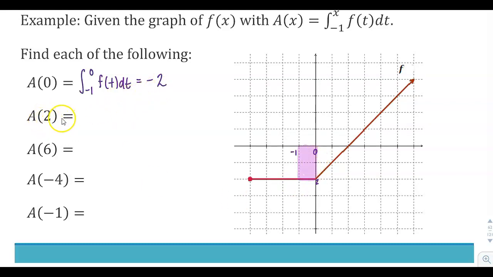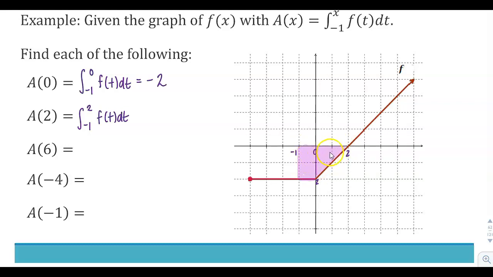If I move on to a of 2, I have the integral from -1 to 2 of f of t dt. So we're going to continue and go all the way to the x value 2 over here, and we want the total area from -1 to 2. So we're really just adding on the area of this triangle. Now the entire answer is going to have to be a negative answer because this is all below the x-axis here.